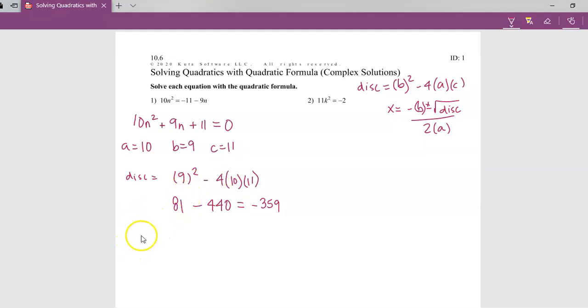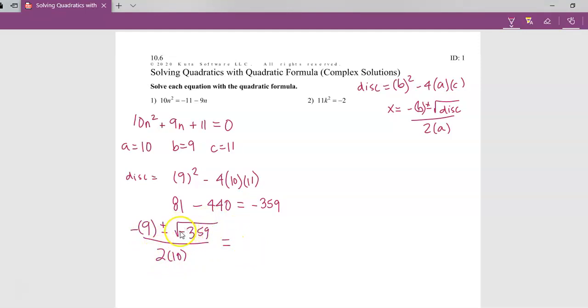So now we're going to go ahead and put this in our quadratic formula. So negative b, in this case negative 9, plus or minus the square root of negative 359, all over 2 times a, and a again was 10.